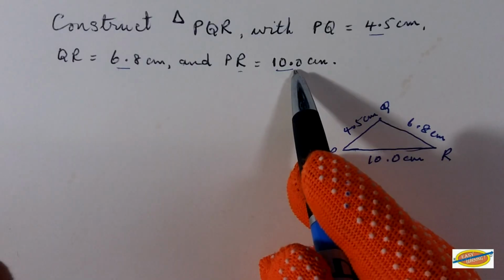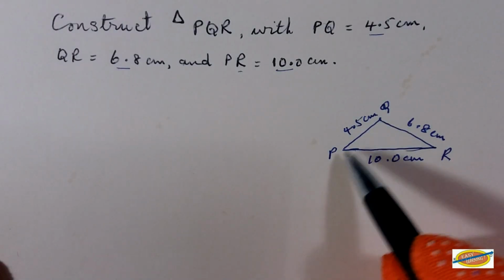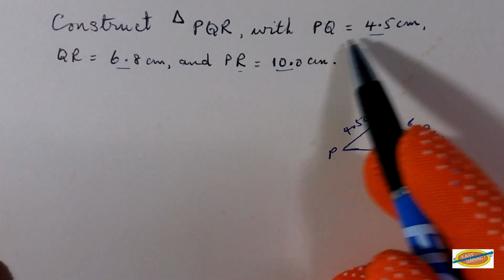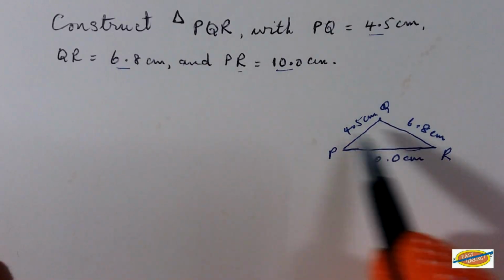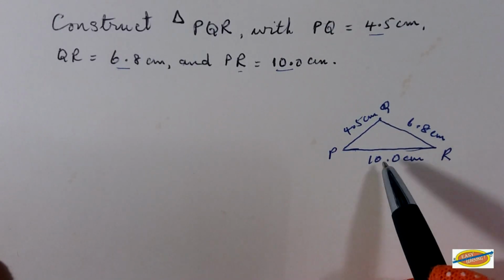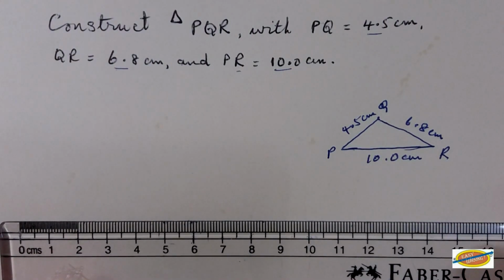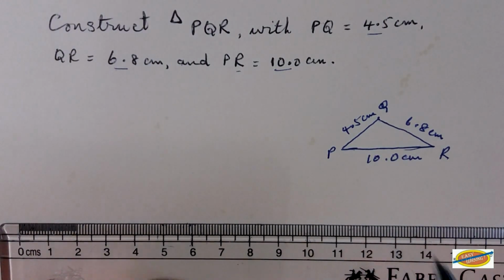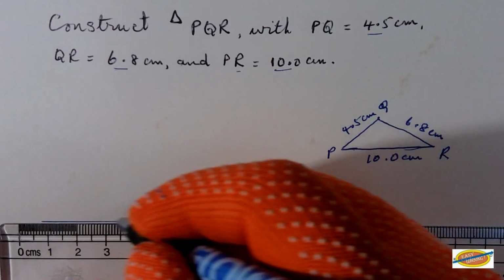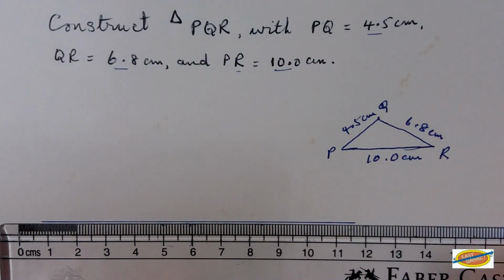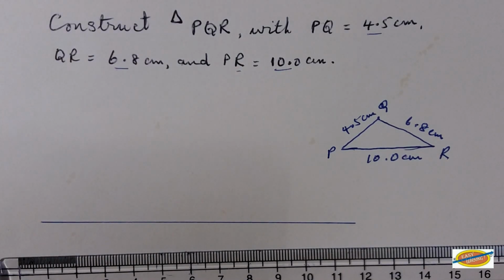PR 10 centimeters, PQ 4.5 centimeters, and QR 6.8 centimeters. Let us construct the base, PR 10 centimeters. So draw a thin line longer than 10 centimeters.